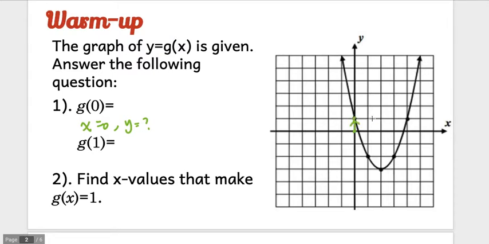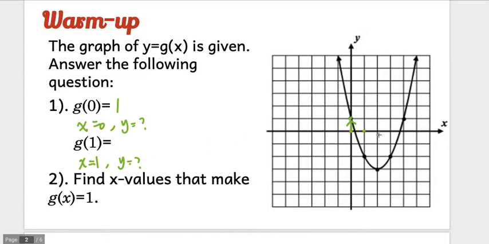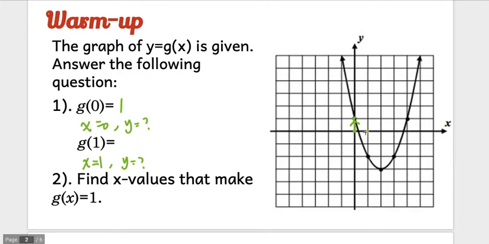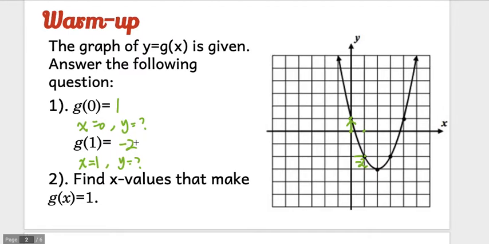So this is our g of 0, which is 1. Next is asking us, when x equals 1, what is y? So 1 is here. As we can see, the graph is actually under the x-axis, so we just go down 1, 2, to this point. So this value is actually negative 2. That's why the answer for g of 1 is negative 2.